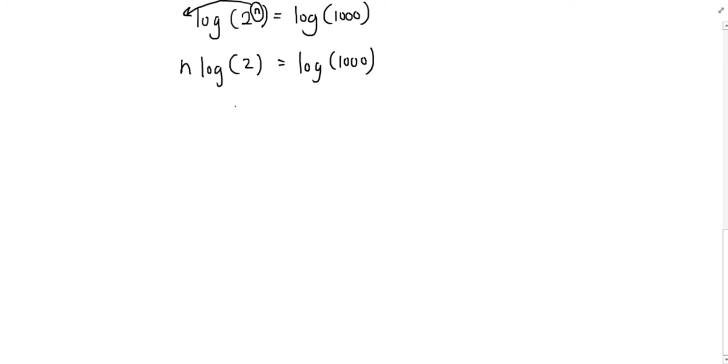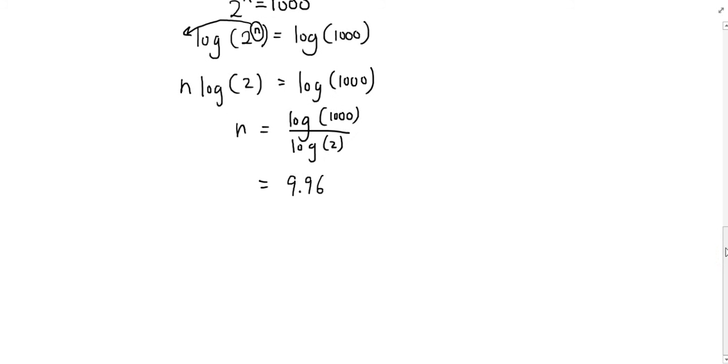And then I can move the log 2 to the other side, so it is log 1,000 over log 2. You can simply type that into the calculator, and I have the answer, 9.96.